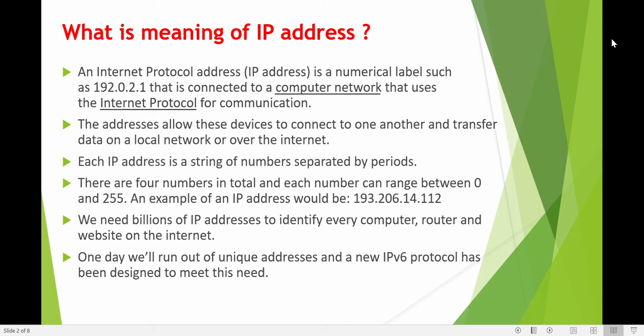Currently we need billions of IP addresses to identify every computer, router and website on the internet. And going onwards, one day in future we will run out of unique addresses. So for this purpose, a new IPv6 protocol has been designed to meet this need.